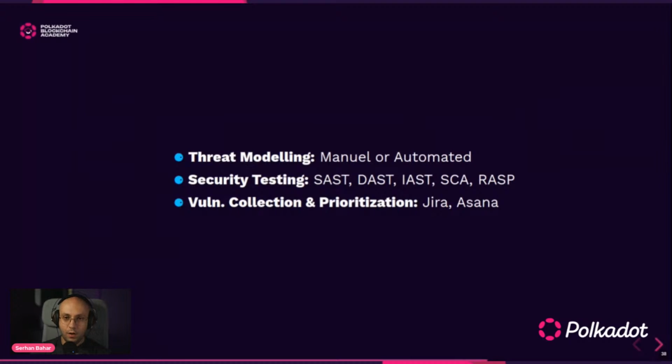So how are you going to track this? You need to look at it, you need to fix this, you need to understand the risks, but you need to eventually collect them and prioritize them by using some kind of software like Jira, Asana, or Trello.